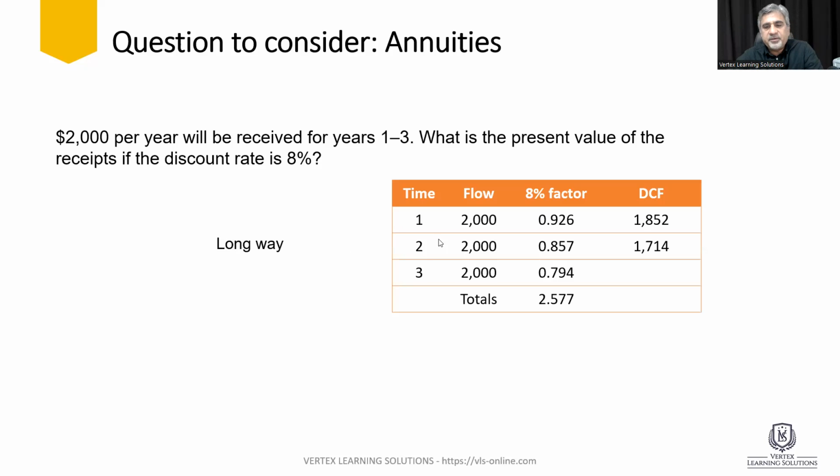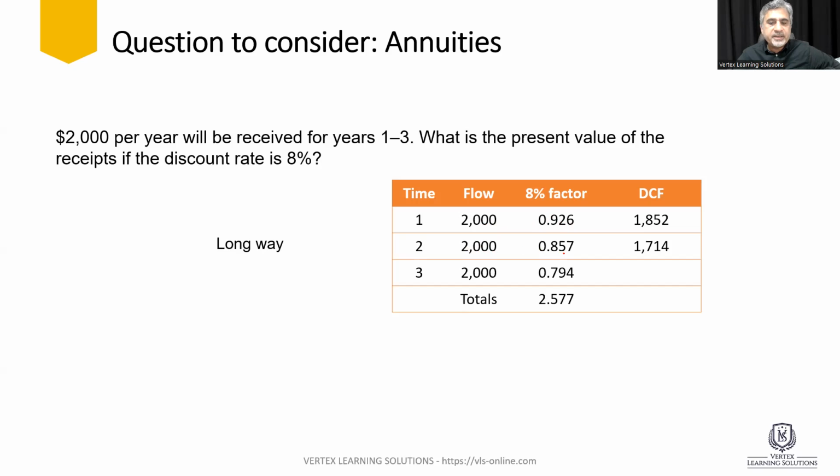So this is what you do normally. You say that, okay, if I've got $2,000 as my cash flow, then $2,000 cash flow in year one, the discount factor for 8% in year one is 0.926.